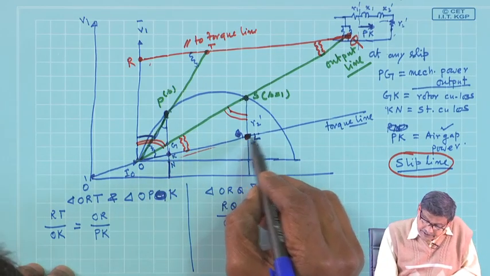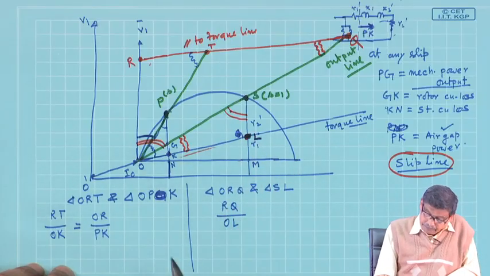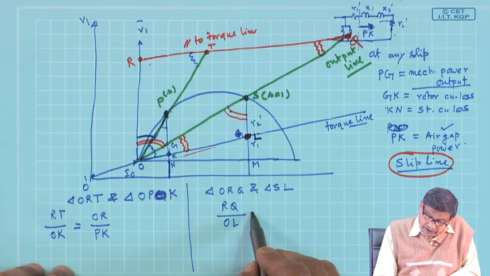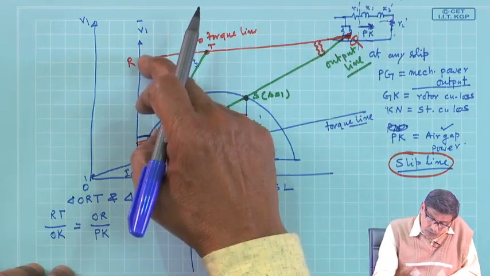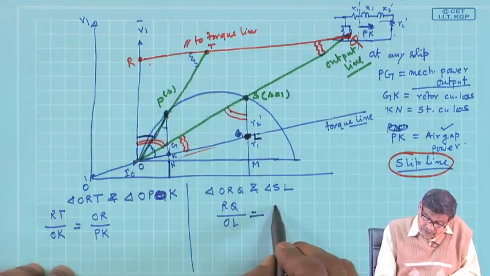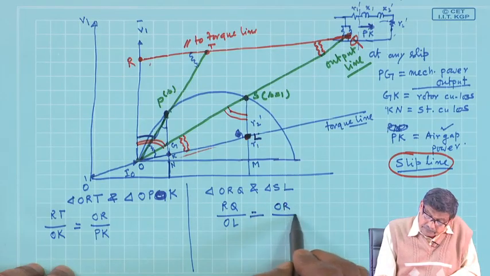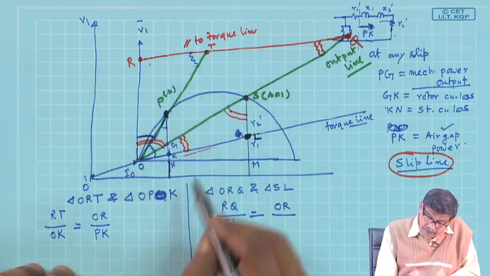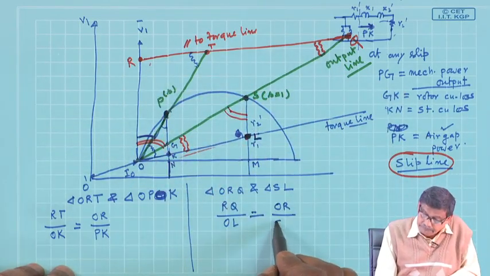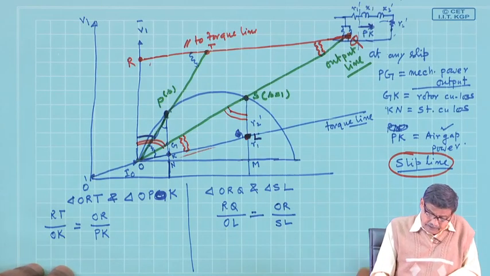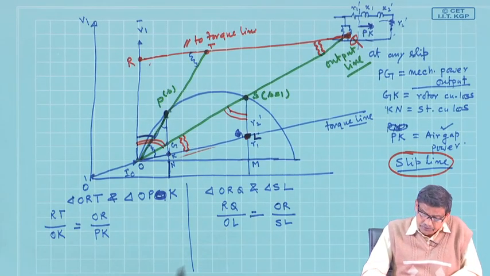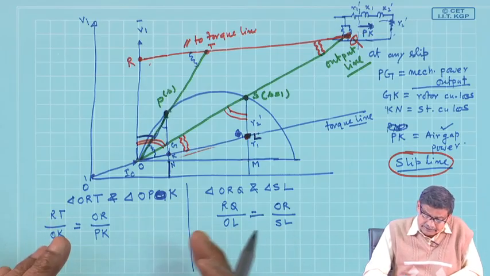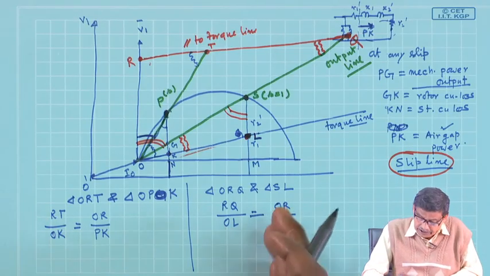So, RQ by OL, and this will be equal to OR divided by SL, and we are done.